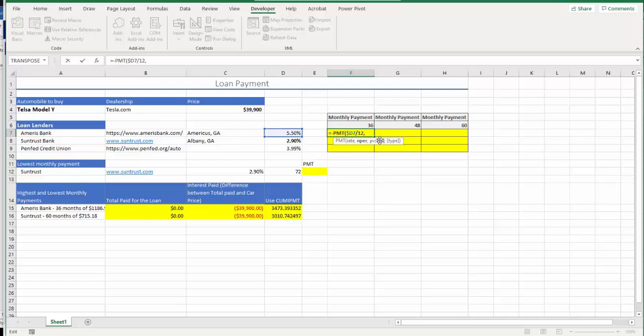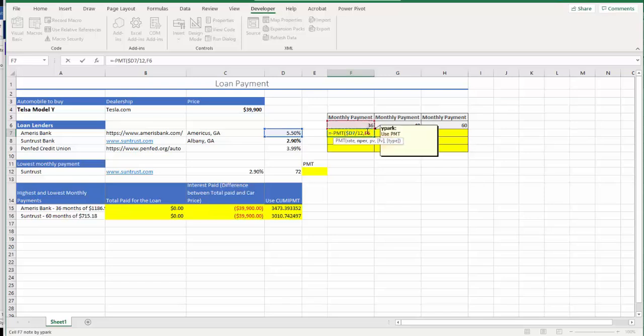Then comma, then I'm going to enter the total number of periods, which is 36. However, we don't enter a raw number, right? In Excel, you always try to use cell reference, which in this case is F6. 36 is located in F6, right? So rather than just type it in, you better just click the cell, because there's always a chance you're going to make a mistake.